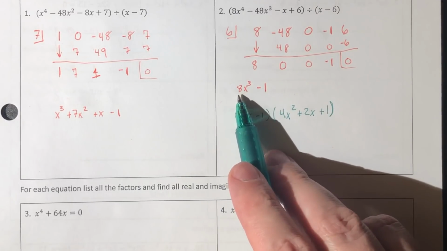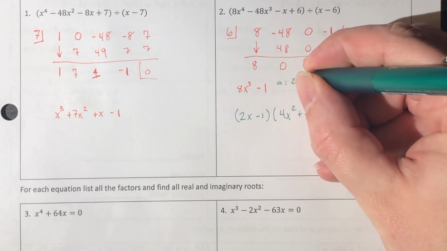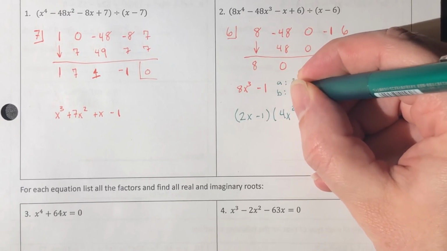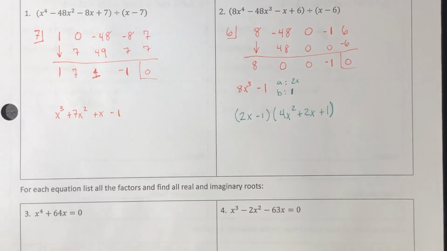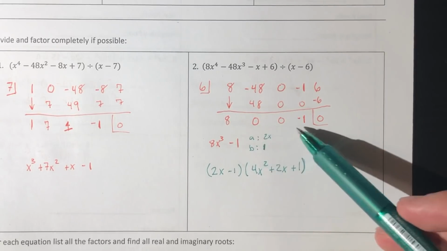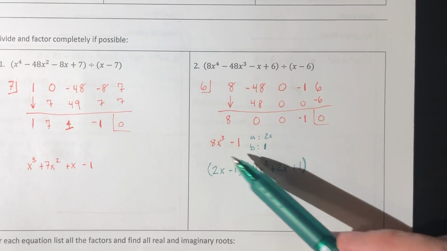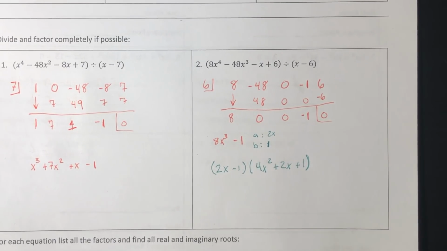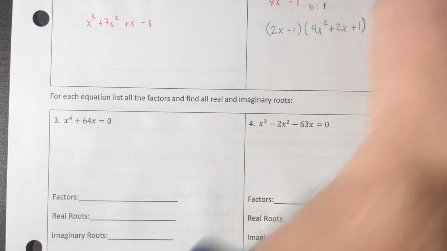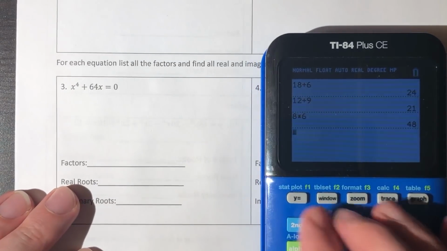Knowing that 8x cubed, so that a value would be 2x, and my b value would be 1. I just fill in the pattern. So the division arrived me to there, but that could further factor, and it would factor as that. The majority of these, you'll be using your calculator on the test, doing the synthetic division.